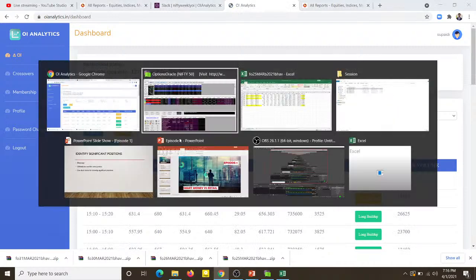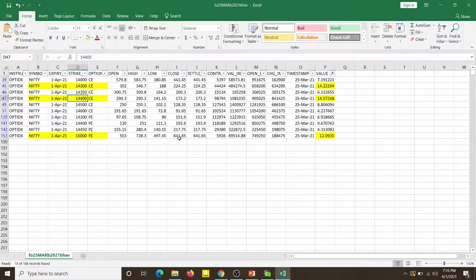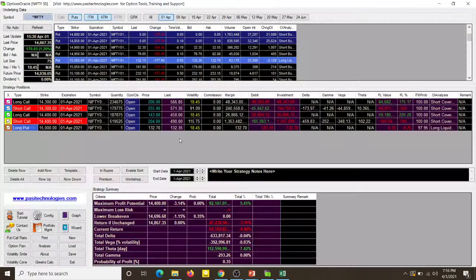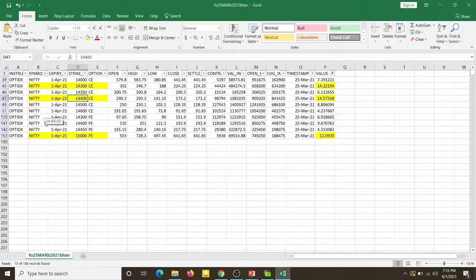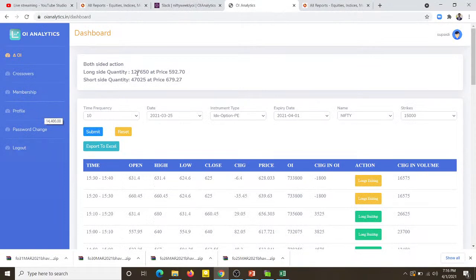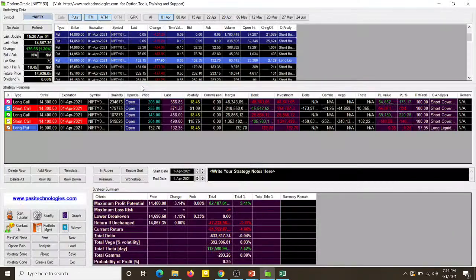Okay, this one is 15,000 put. Fine. So now here I would want to bring in one point, which is nothing but we'll consider all the positions as short by default, right? Here I have just given it long short, right? So we'll default everything to short.